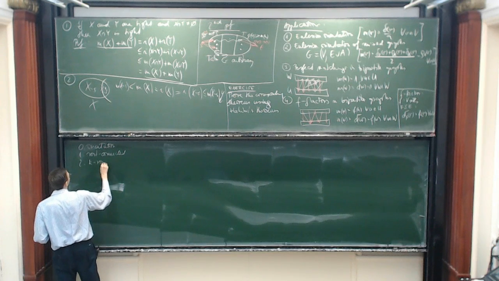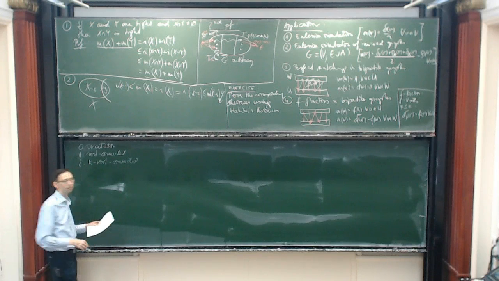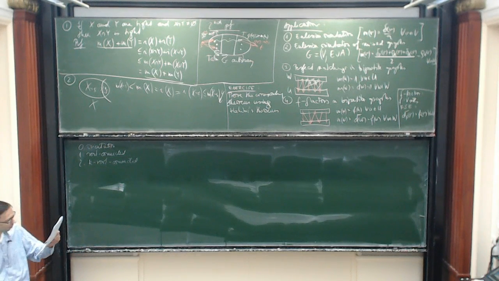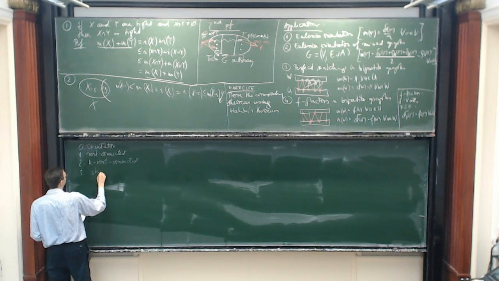K route connected. This wasn't mentioned in the story, but you can imagine this problem as well. Then it was this strongly connected from anywhere. He must be able to go anywhere. So the third one was strongly connected.